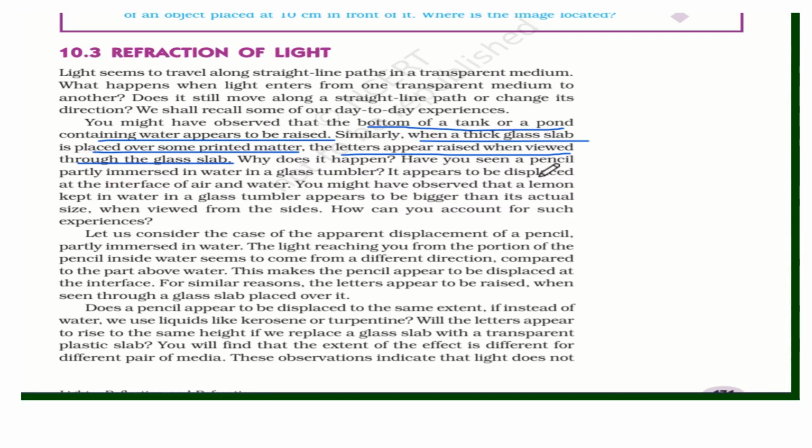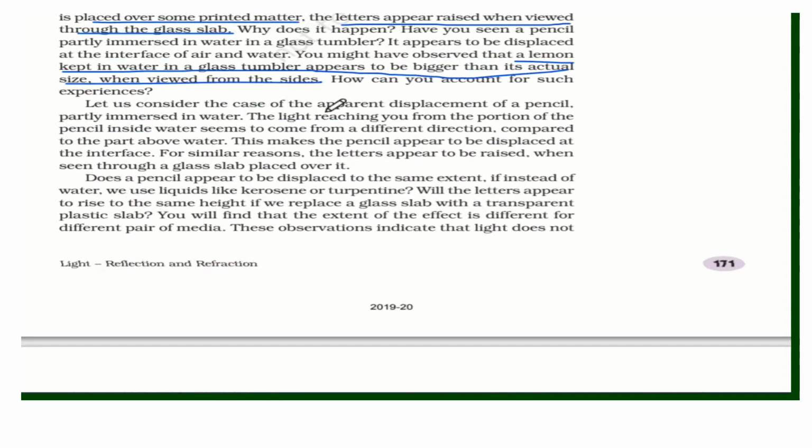Or you have observed that a lemon kept in water in a glass tumbler appears to be bigger than its actual size when viewed from the sides. Or there is apparent displacement of a pencil partially immersed in water.